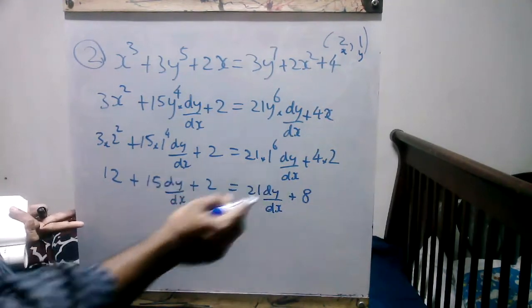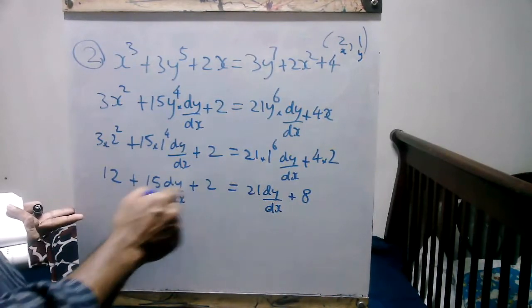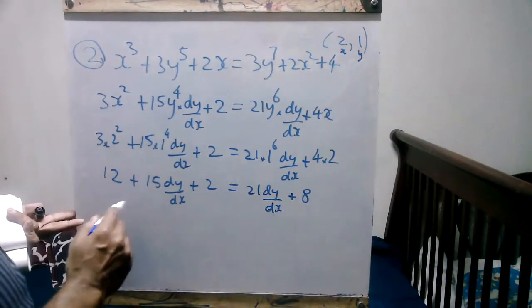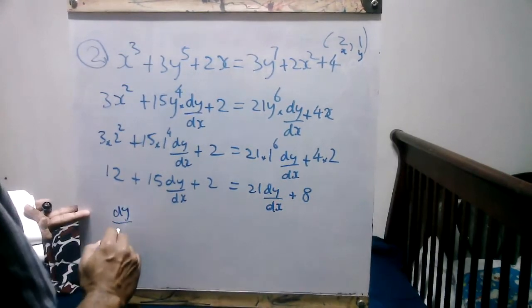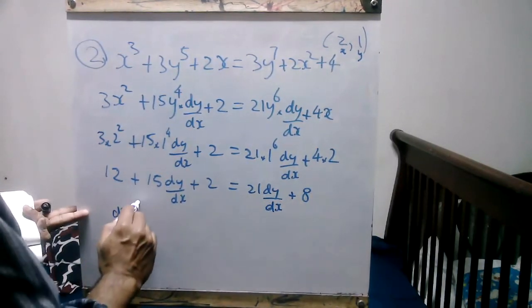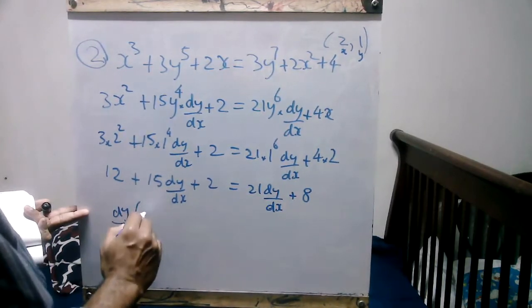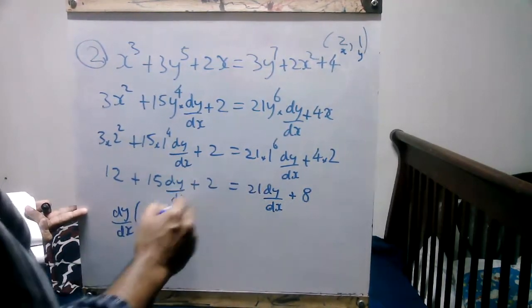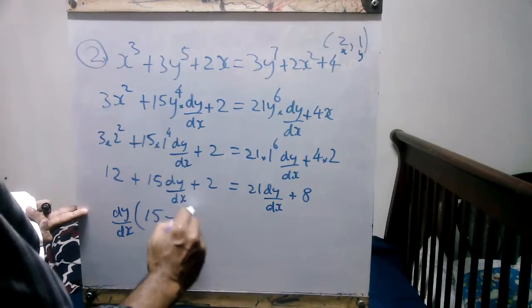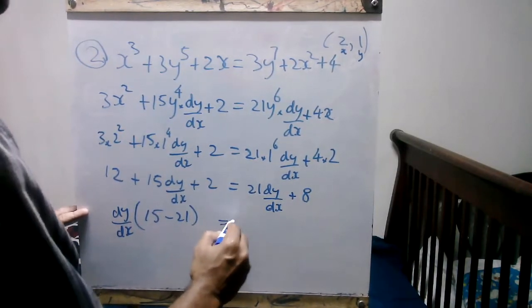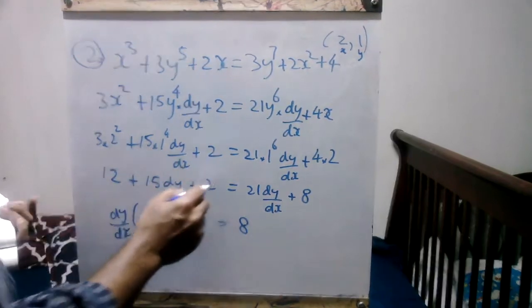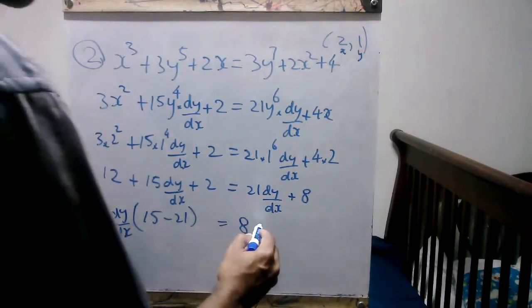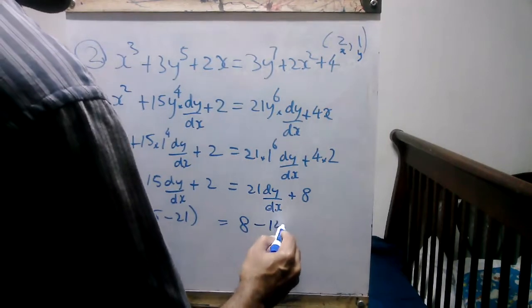If you move this to this side and take dy/dx out, we get dy/dx times 15. When you move this to the other side, minus 21 equals, we have 8 here, 12 plus 2 is 14, we get minus 14.